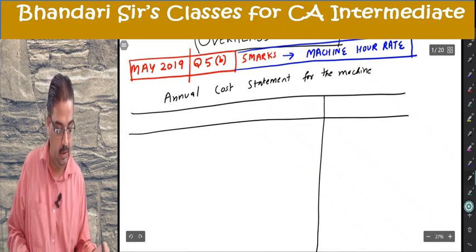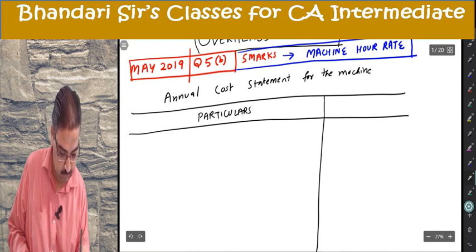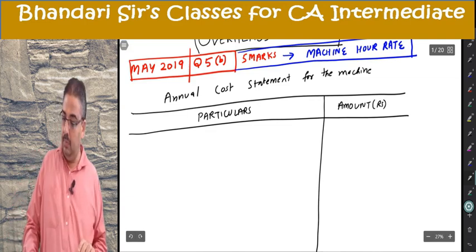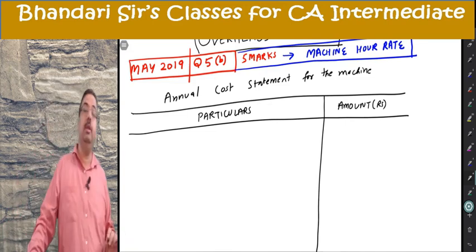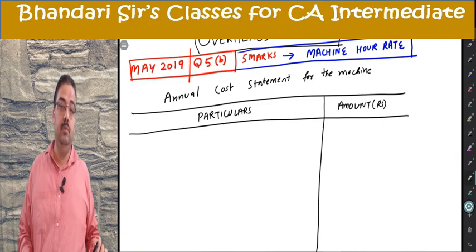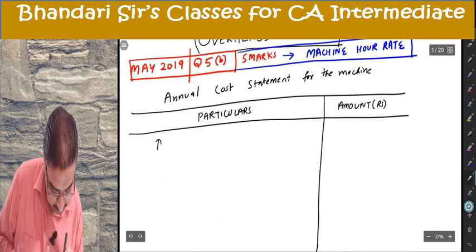Simple format, particulars and amount. First thing given there, the purchase cost, which will not come. Instead of that, we will have annual depreciation. So depreciation on the machine.